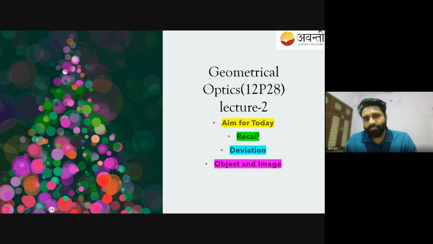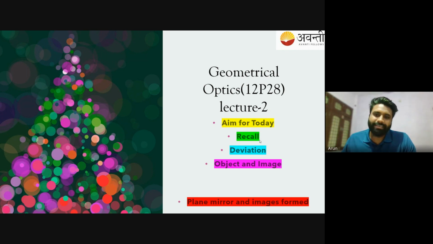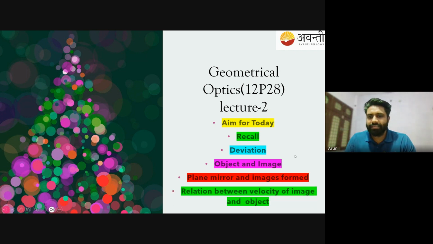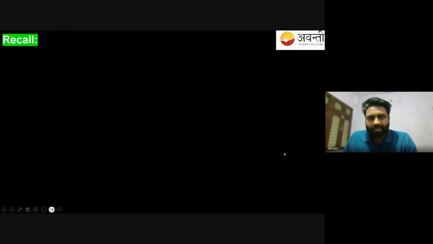Then we are going to learn about object and images, then plane mirror and image formation. After that, we will see the relation between velocity of image and object and do some numericals on it. So this is the plan for today. Let's get it done.